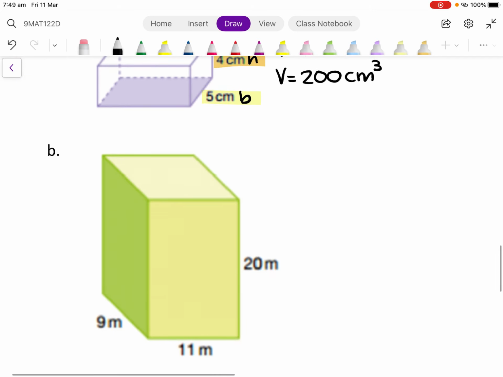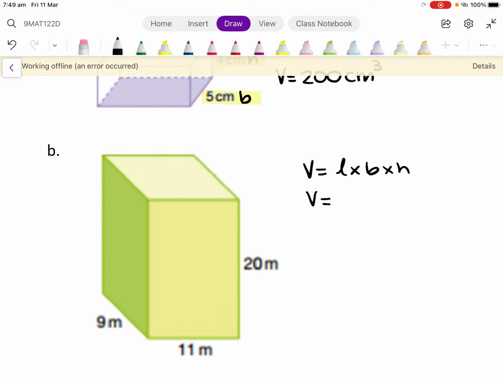For example B, we want to do the exact same thing. So we have V equals L times B times H. So V equals our length. We need to identify the distance going across. We have our base is the distance going backwards, and our height is our distance going upwards. So we need to now substitute in those values.